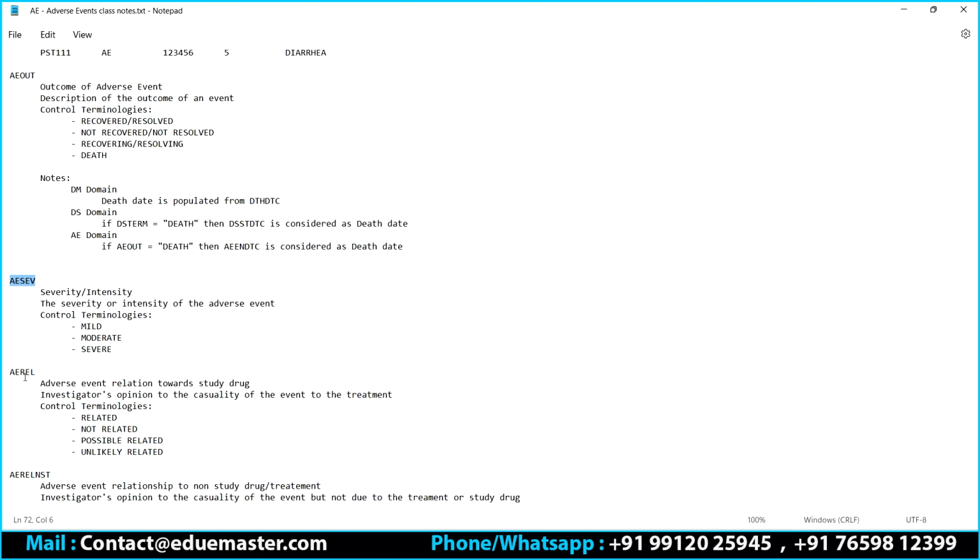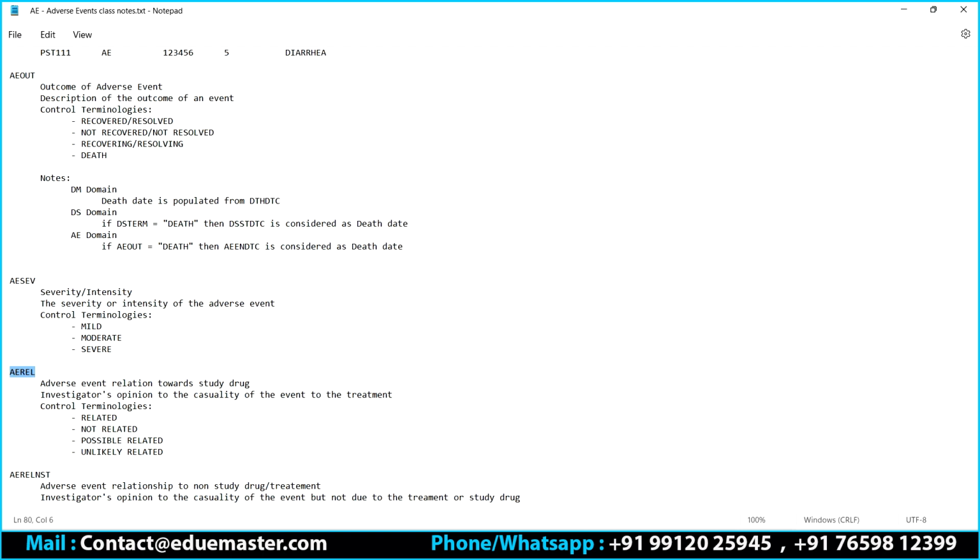Then AEREL, this primarily talks about what is the relation of this particular adverse event towards your study drug or towards your treatment. You're actually going with one of the study drugs. All right.